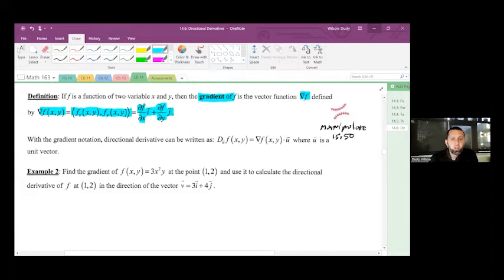With the gradient notation, the directional derivative can be written simply as the directional derivative of f in the direction of u at x, y is equal to the gradient of f at x, y dotted with u, where u is a unit vector. Let's look at a manipulate to begin building our intuition of this new gradient vector.